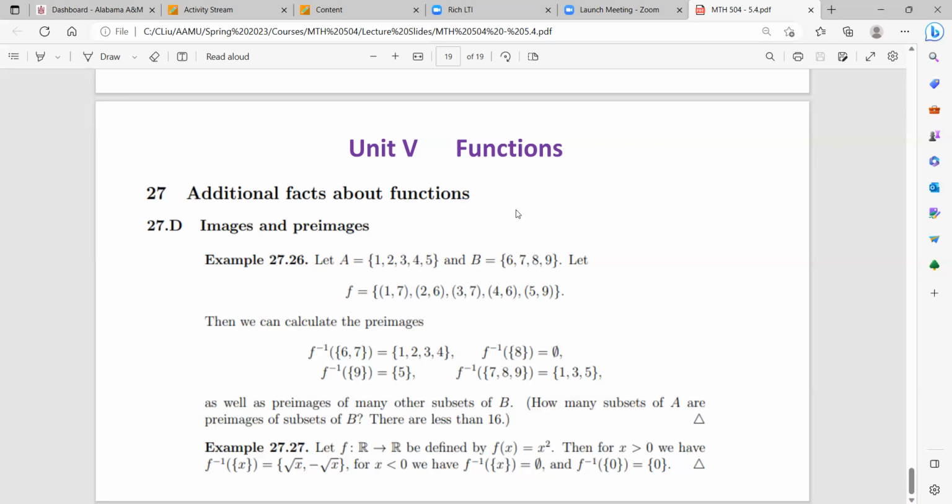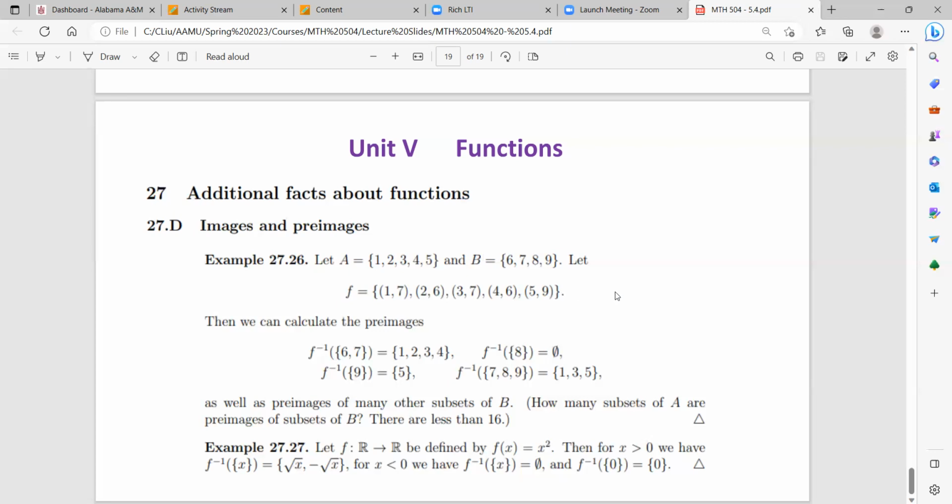So that gives you 2 possibilities, and you can also consider 8 in the same way. Either the subset includes 8 or not, and same for 9. So you can include 9 or not. So that's another 2 options. So in total, you just multiply them together, these are independent events as we are going to talk about in probability. So in total, you're going to get 8 different subsets of B.